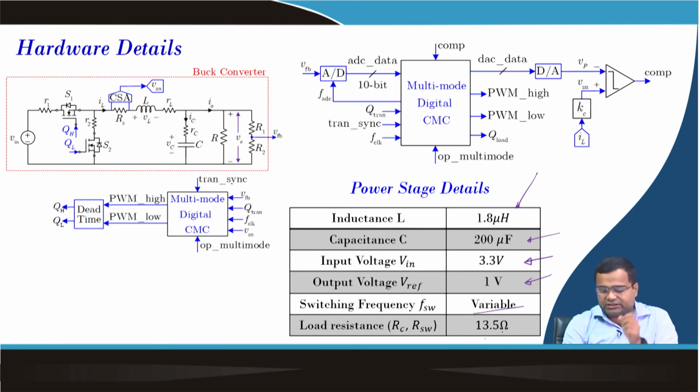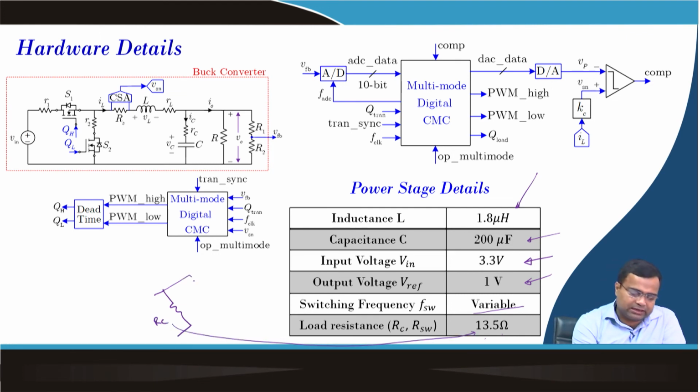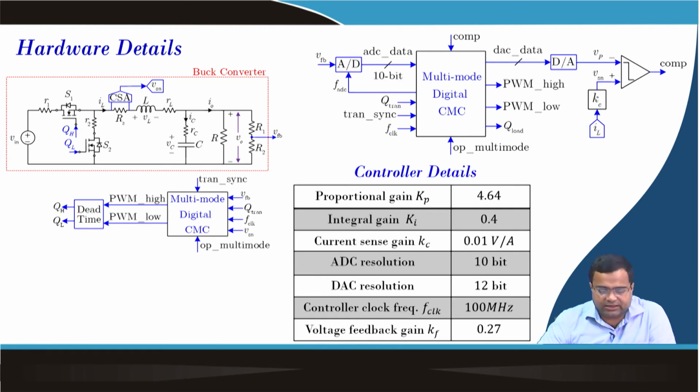and the load resistance we are changing from 13.5 ohm, because we know there are two load resistances, RC, this RC is this, and there is another load resistance RSW, which is 0.33 ohm, and this is connected whenever the Q load is high. Okay, that we did.